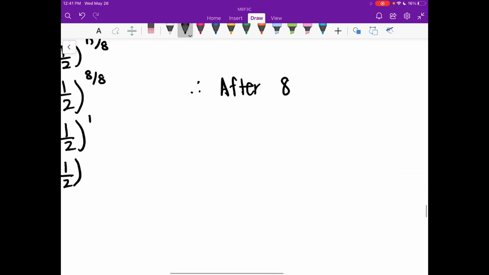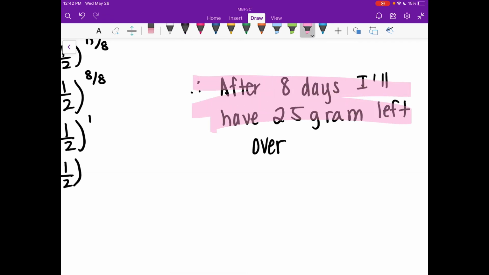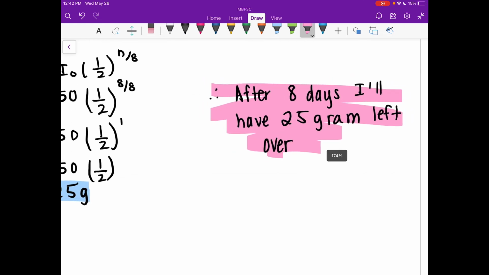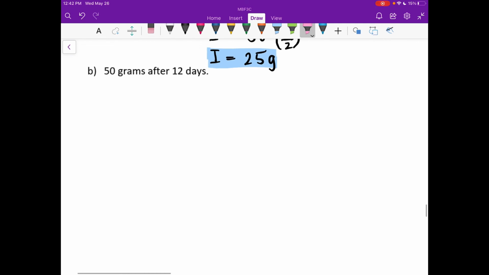So after 8 days, I'll have 25 grams of the original 50 left over. And that's our answer. So you try and do B by yourself, and then we have one more example here, and then we can be done this lesson.